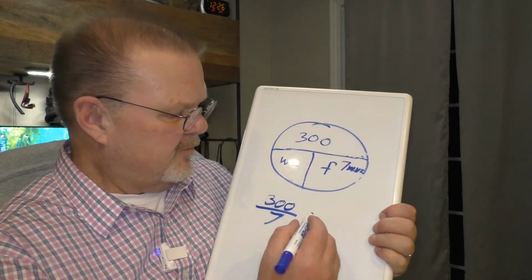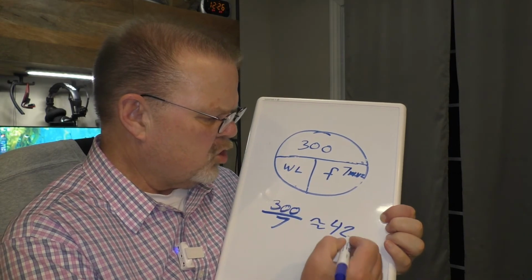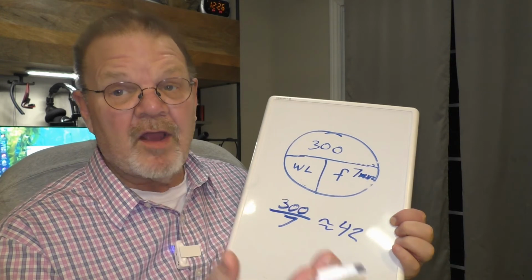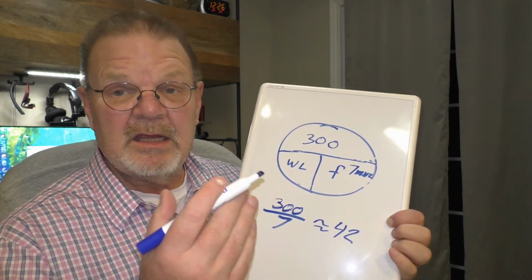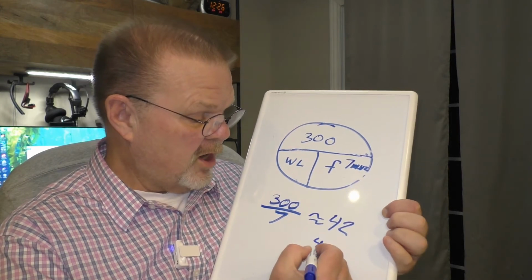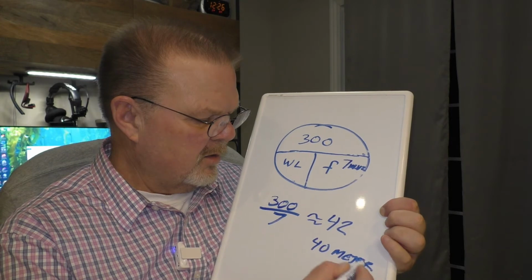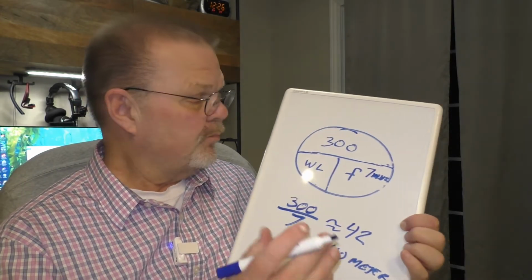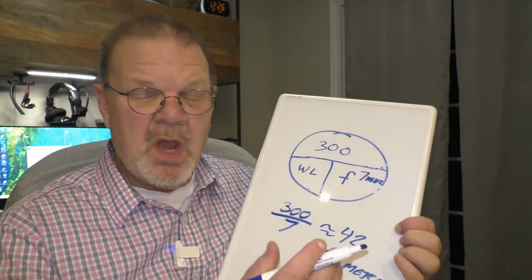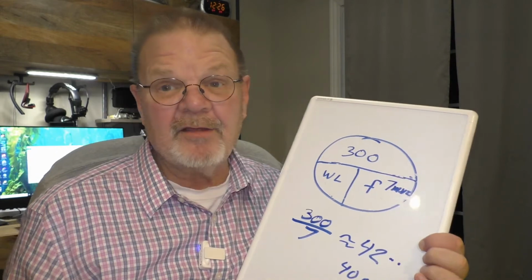After you do the math, you're going to find that is roughly equal to 42, a wavelength of 42. The correct answer that you'll find in the test is 40 meters. The 40 meter band. So, if you got an answer of 42 and everything else is way far away from it, that is probably your answer.